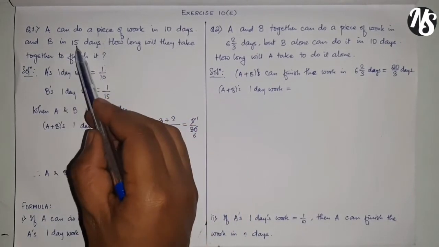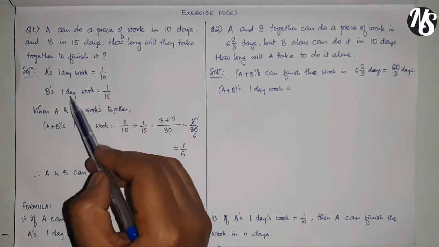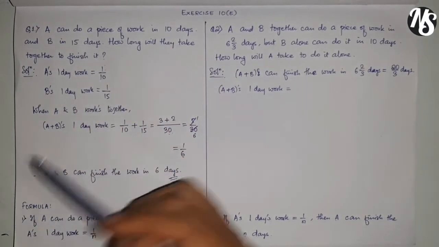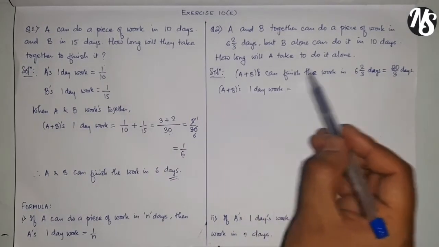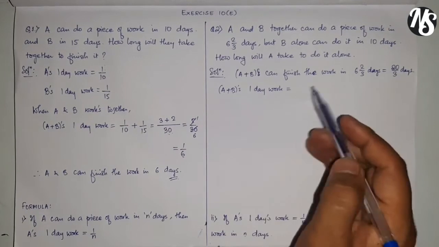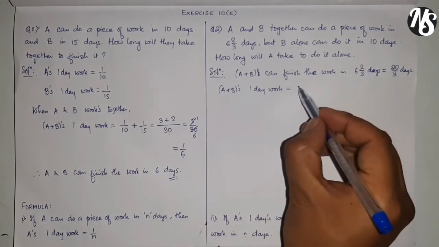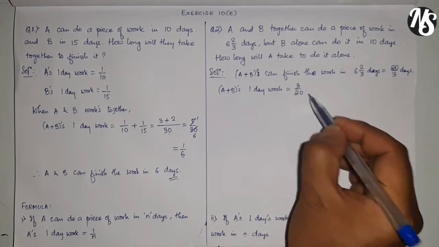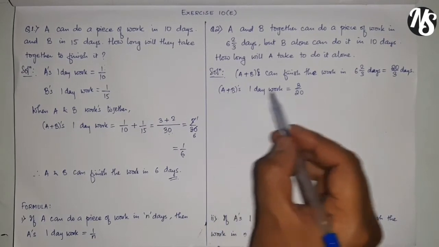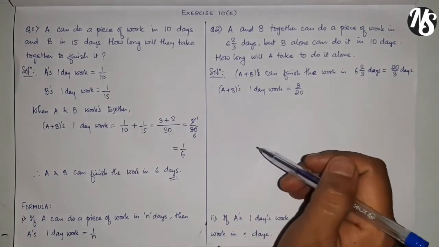B finishes the work in 15 days, so B's 1 day work is the reciprocal of 15, which is 1/15. Similarly, if A and B can finish the work in 20/3 days, then A and B's 1 day work is the reciprocal of this, which is 3/20. So in 1 day, if they work together, they can finish only 3/20.